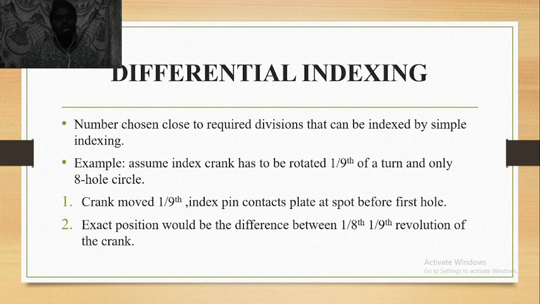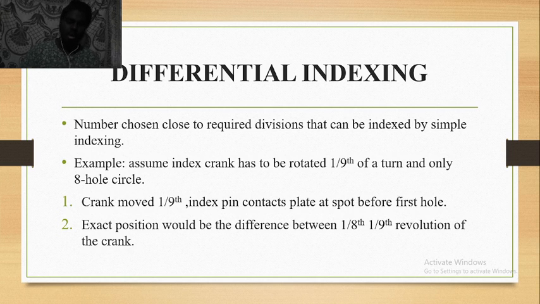Here, let's see the calculation. Choose a number close to the required division that can be indexed by simple indexing. For example, assume the index crank has to be rotated 1/9th of a turn, and only an 8-hole circle is available.